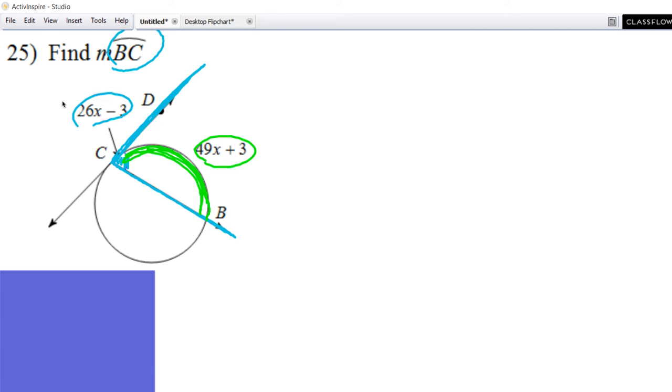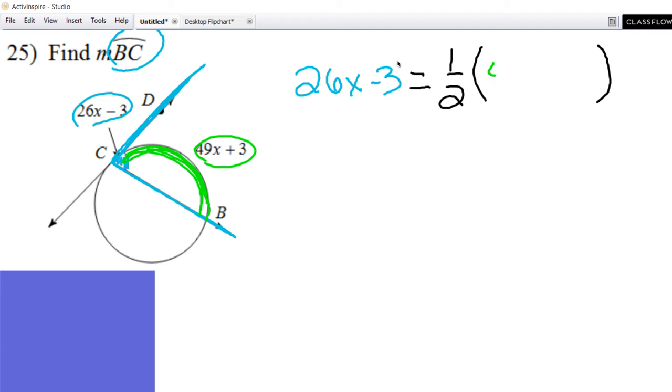Okay, so now we can use our formula, and our formula is the easiest one. It's going to be the angle equals 1/2 the arc. So I'm going to put my angle, 26x minus 3, equals 1/2 the arc. The arc is 49x plus 3. The next thing that I do is I want to get rid of the 1/2 first.